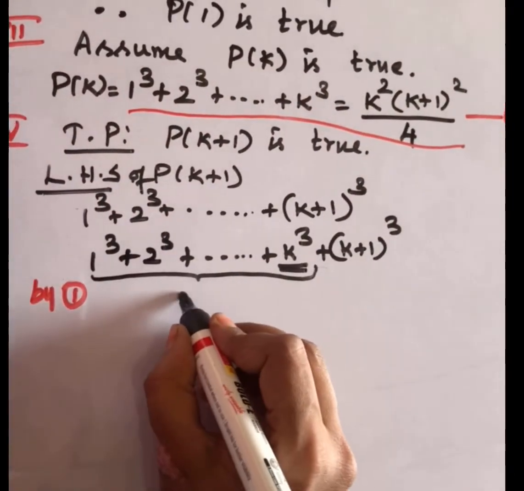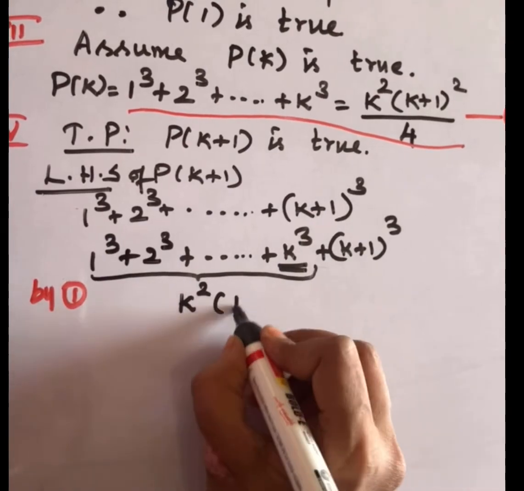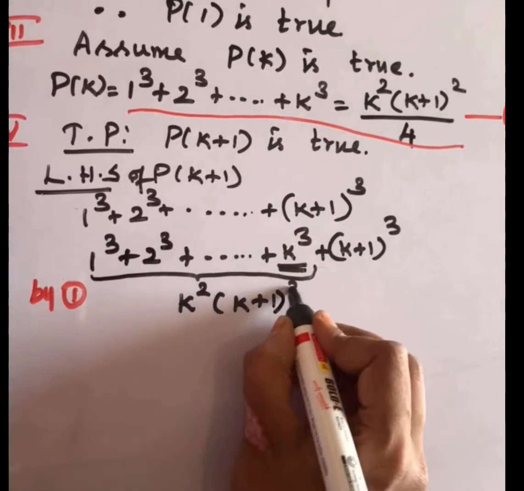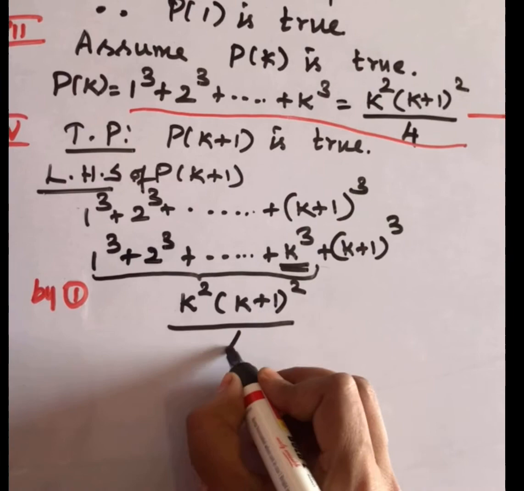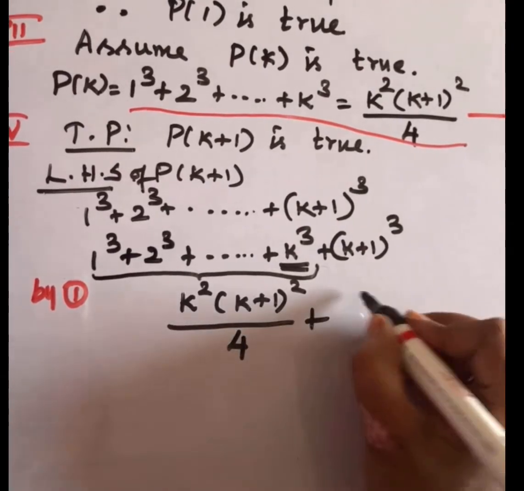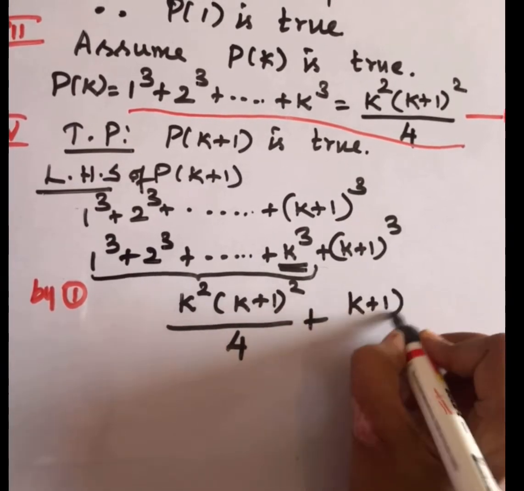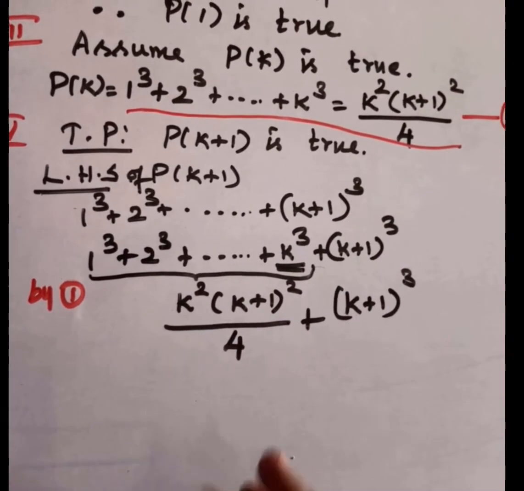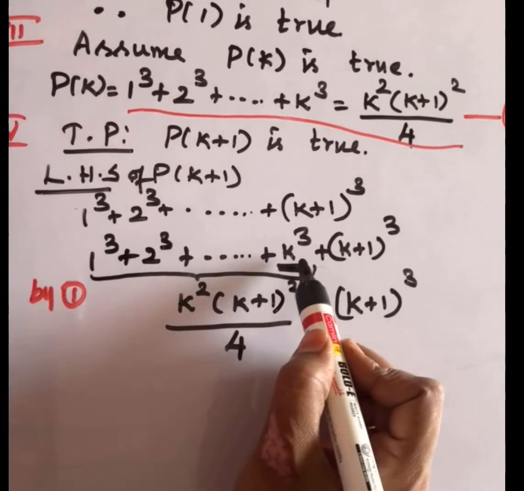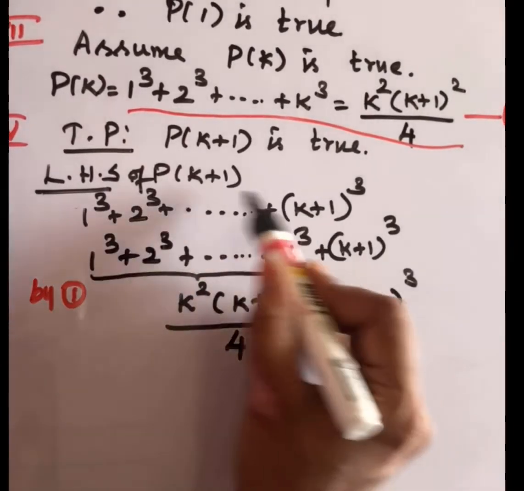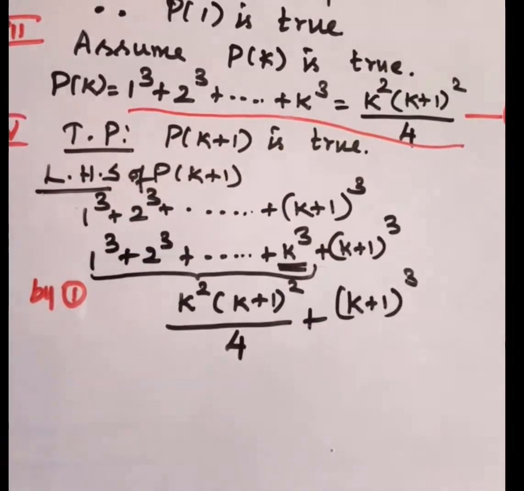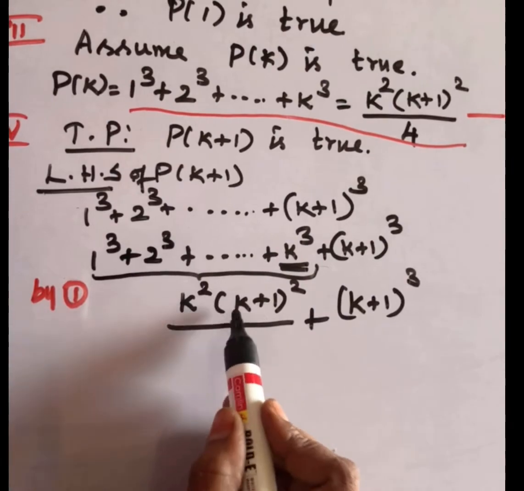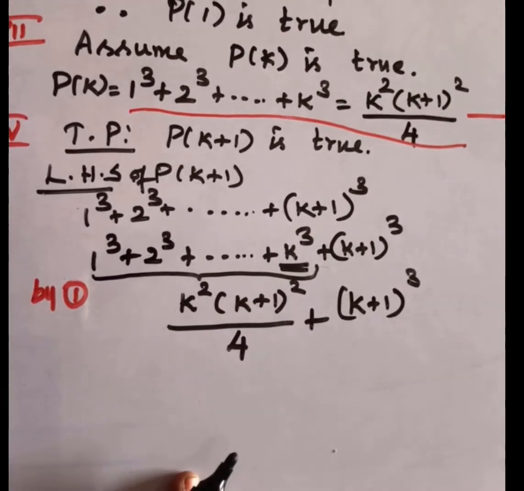That is equal to k square into k plus 1 the whole square divided by 4 plus k plus 1 the whole cube. Okay, can you understand? Up to k cube, instead of this expression, I have substituted this value, k square into k plus 1 the whole square divided by 4, and I have written the same statement.